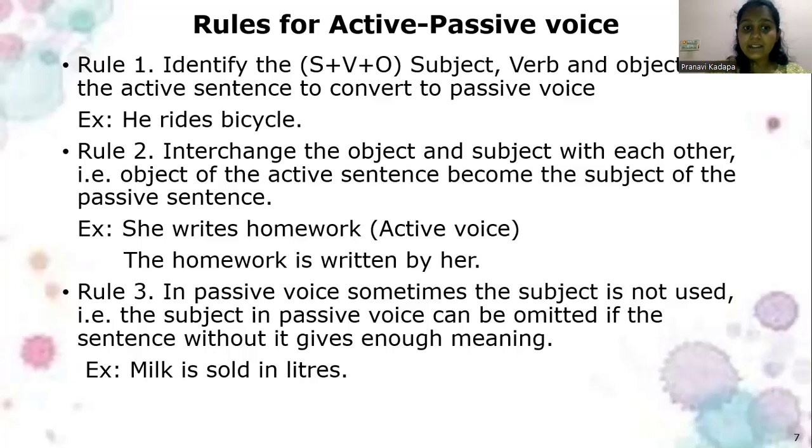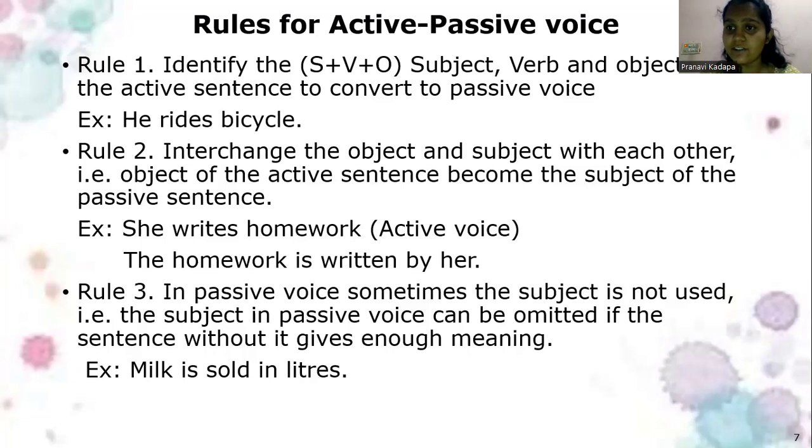Rule 3: in passive voice, sometimes the subject is not used. The subject in passive voice can be omitted if the sentence without it still gives meaning. Like when you are describing toys or things, other than objects, you can exclude it in the subject, like if you are telling about it lays eggs, you say laid eggs.